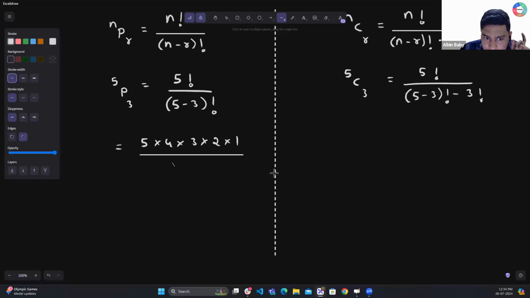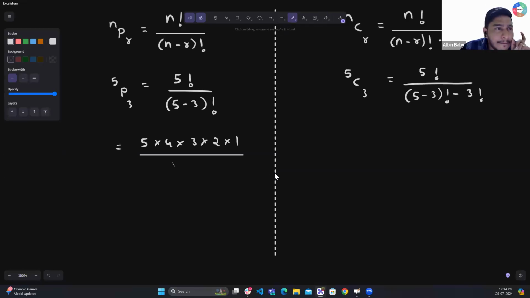Exactly, that is 2 into 1. So what will happen now? 1 and 1 will get cancelled, 2 and 2 will get cancelled. So what is the answer? 5 into 4 into 3. That is 60 different ways there can be an outcome.